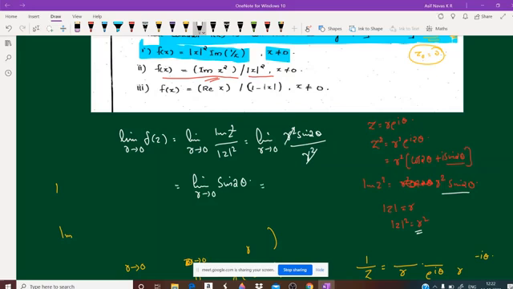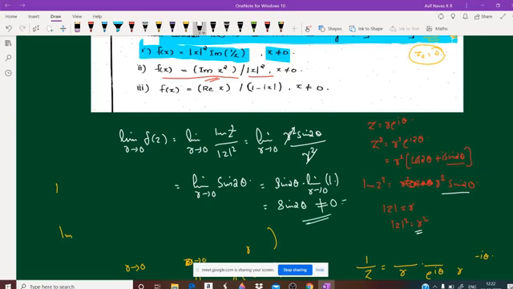You can take sin 2 theta outside, sin 2 theta into limit r tends to 0 of 1, which is equal to sin 2 theta, which is not equal to 0.